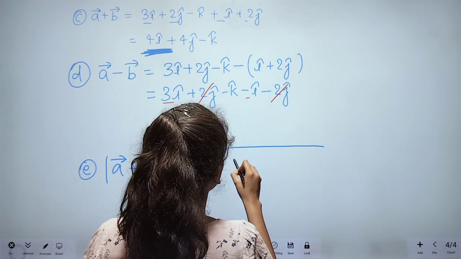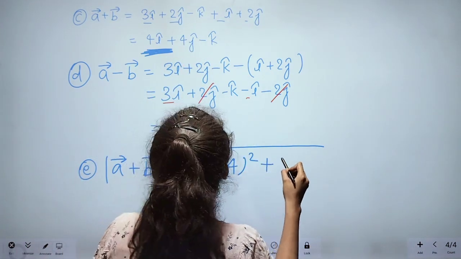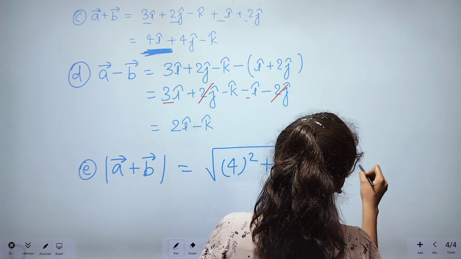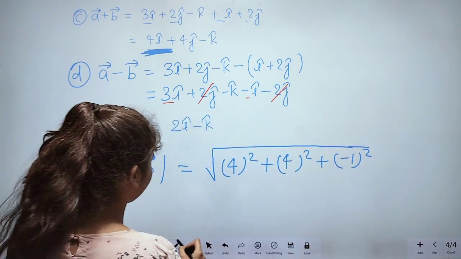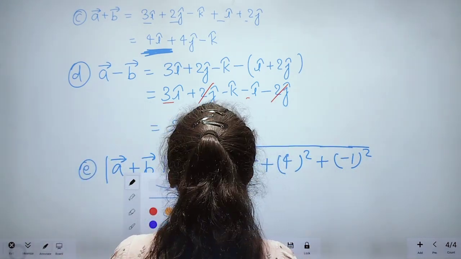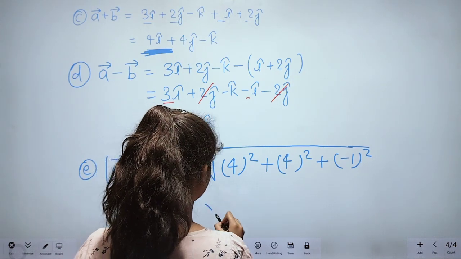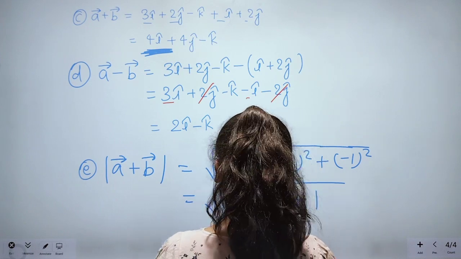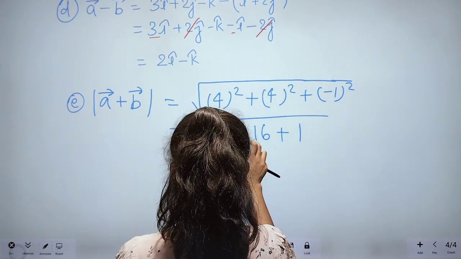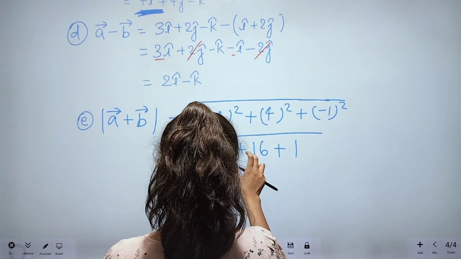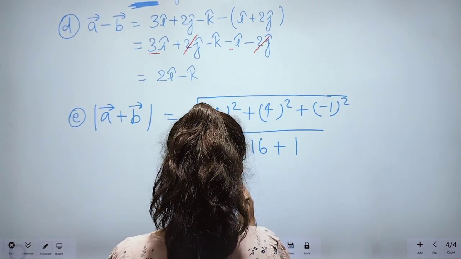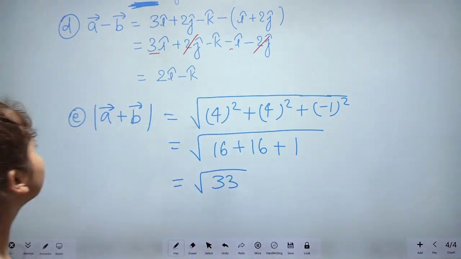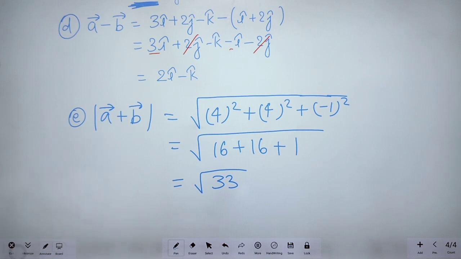So we take coefficient of i cap 4 square plus coefficient of j cap is 4 square, and then coefficient of k cap is minus 1 square. Let's solve this, like root under 16 plus 16 plus 1, here root under 33. So this is the magnitude of A vector plus B vector.